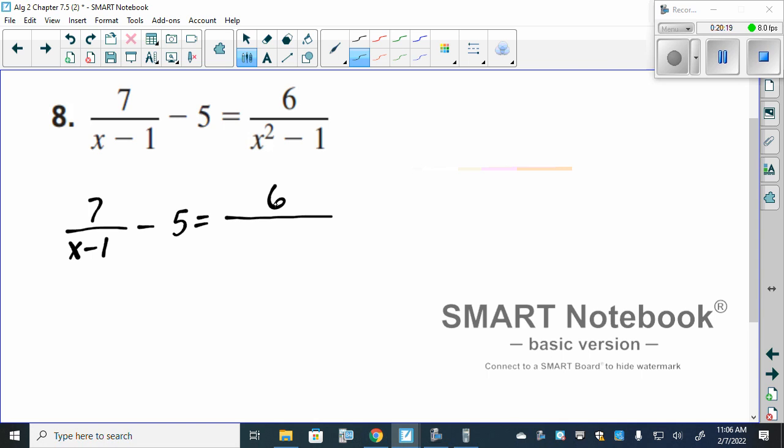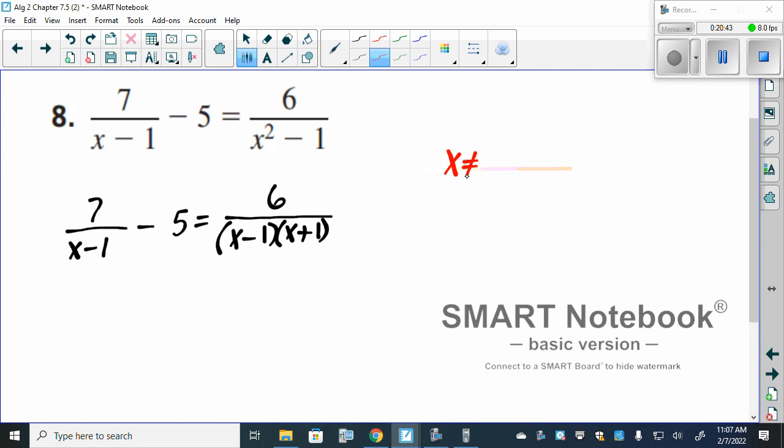It's just going to make it look a little bit different. But before we can start going through our process of solving, we do need to factor one of the denominators, the x squared minus 1, which would factor to x minus 1 and x plus 1, because it is a difference of perfect squares.